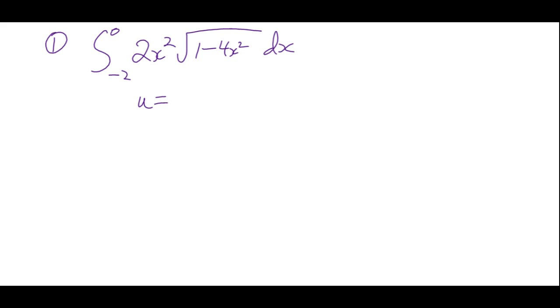okay, wait, sorry, this is a cube. Otherwise, there's bigger problems. So u is 1 minus 4x cubed, which makes du equal to -12x squared dx. And we've got a positive 2x squared dx.